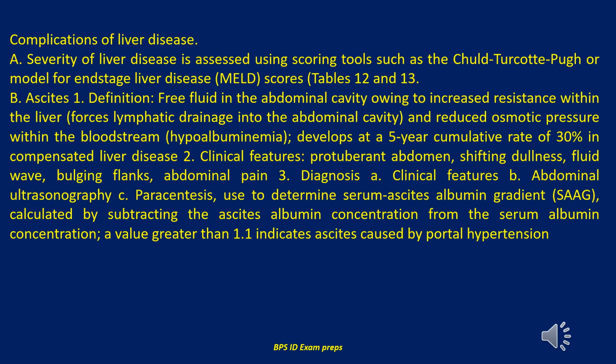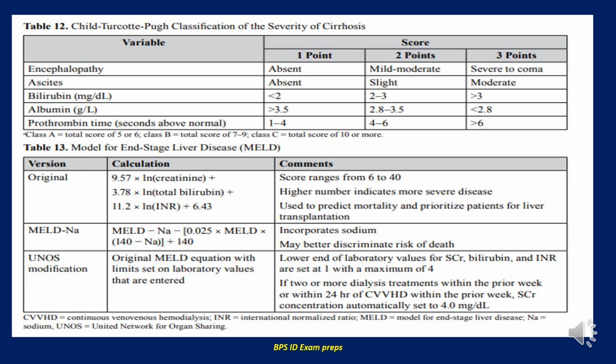A value greater than 1.1 indicates ascites caused by portal hypertension. Pause the video and carefully scrutinize Table 12 summarizing the Child-Turcotte-Q classification of the severity of cirrhosis and Table 13 summarizing the model for end-stage liver disease, abbreviated as MELD.